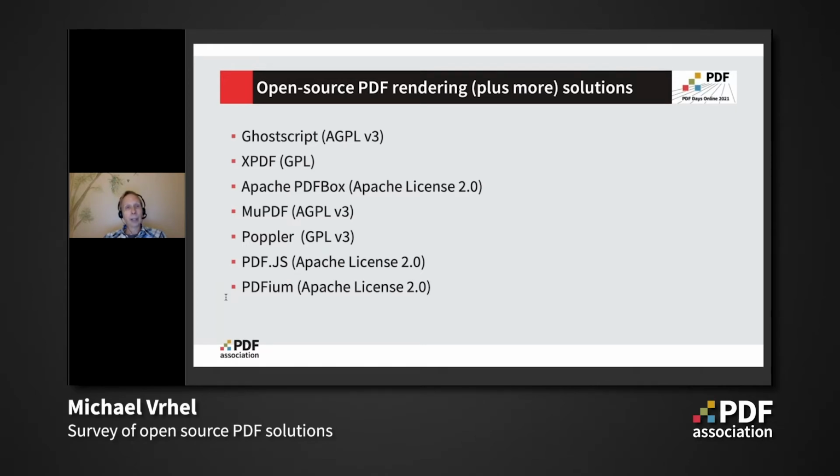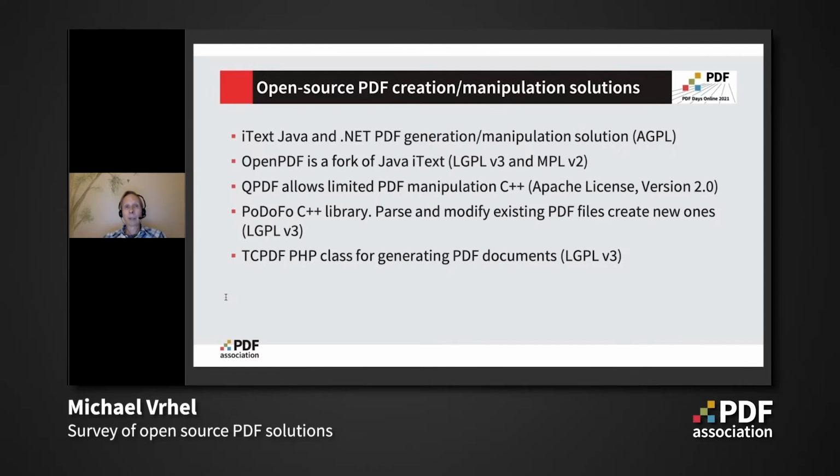There's also several other projects out there that deal with PDF, but mainly on the side of doing PDF creation or manipulation. And I just want to mention those because I don't want to leave anybody out. For example, iText has an open source solution that's written in Java and .NET to do PDF generation and manipulation, and that has an AGPL license.